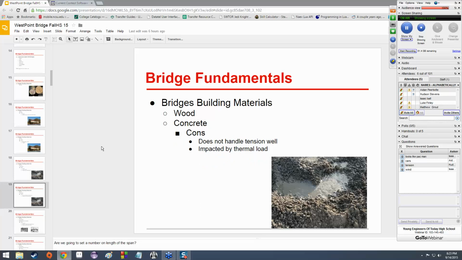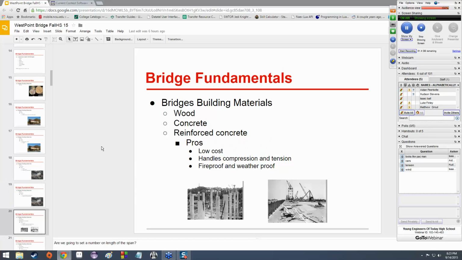Next, we got reinforced concrete. Whereas this is just concrete, this is concrete with rebar in it, or metal of some sort. Now the pros on this one is it's still pretty low cost. I mean, you just got some sticks of metal wrapped in rock and earth and dirt and water. Pretty low cost. It handles compression and tension pretty well, because the rebar adds some extra reinforcement to it that it wouldn't otherwise have.